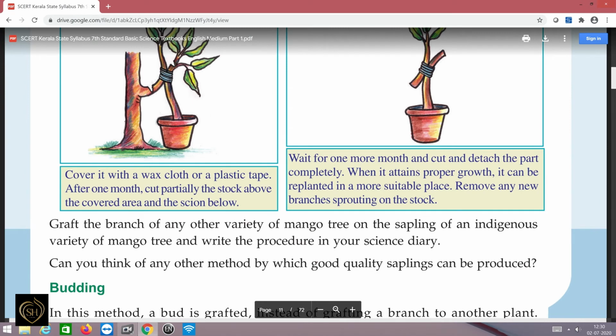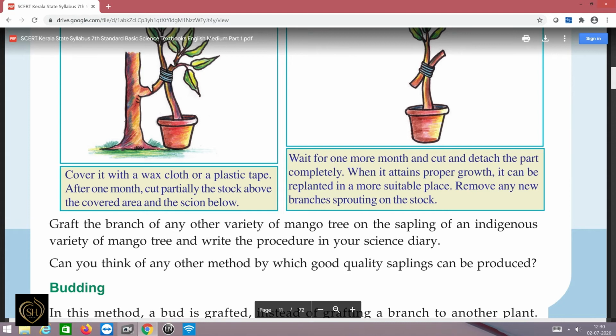Graft the branch of any other variety of mango tree on the sapling of an indigenous variety of mango tree, and write the procedure in your science diary. That is your homework. You should do it in your garden and write about it.